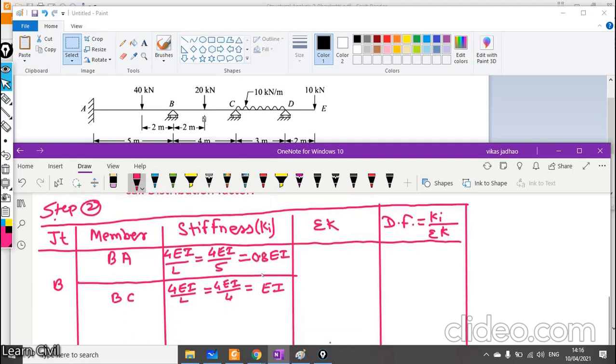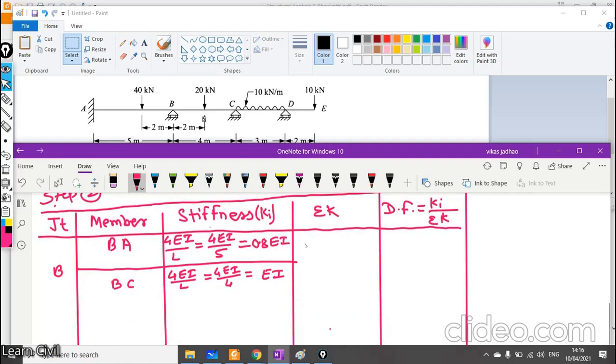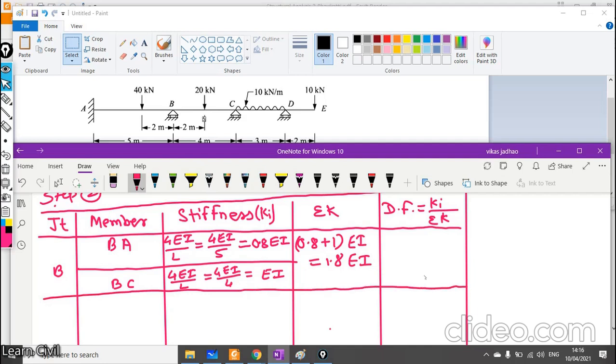Summation of stiffness for this particular joint B will be 0.8 plus 1 multiplied by EI, which is equal to 1.8 EI. The distribution factor for member BA will be equal to 0.8 divided by 1.8, so this will be equal to 0.444.